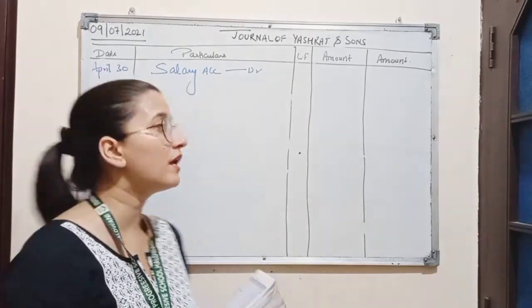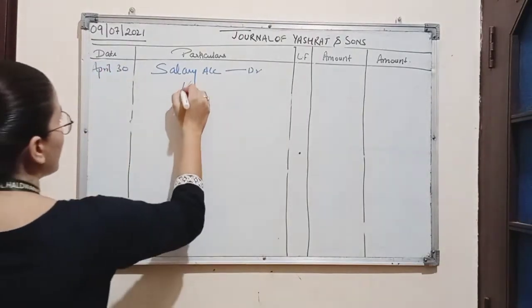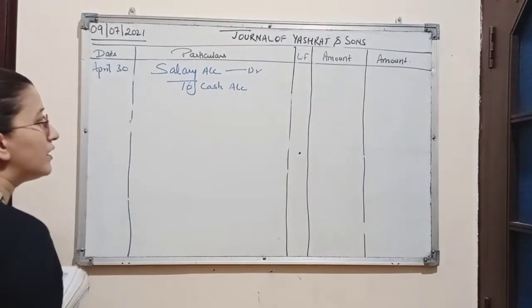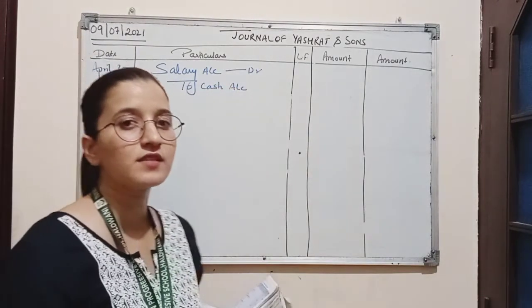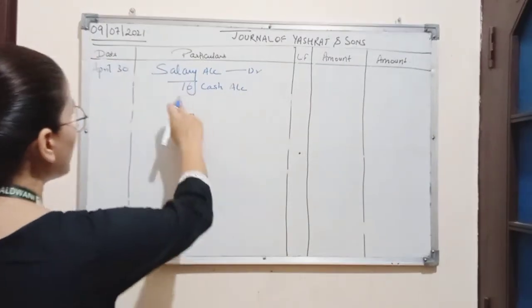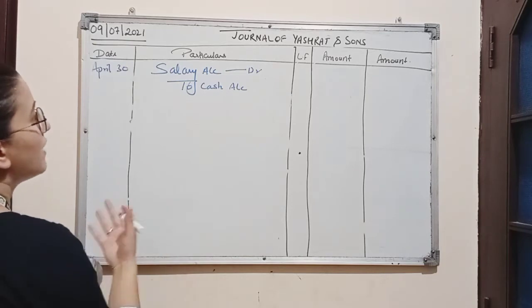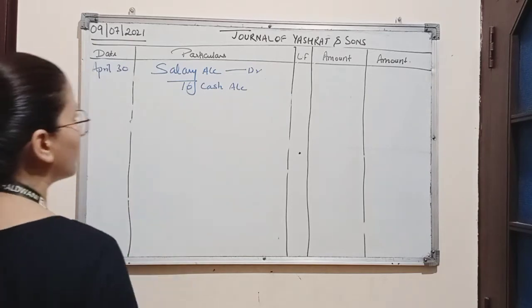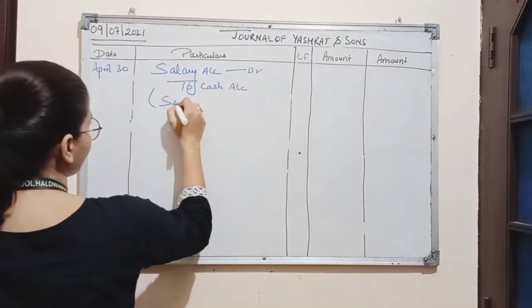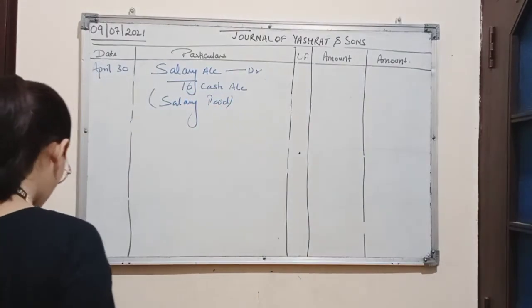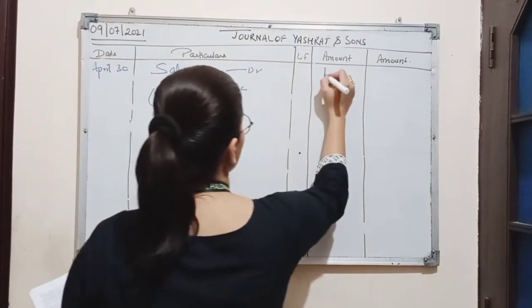Cash as a real account will be credited because real account rule is credit what goes out. So by paying salary, there is outflow of cash. That is why we will credit cash account. The entry for salary paid will be salary account debit to cash account. Narration is salary paid. And the amount is rupees 1200.